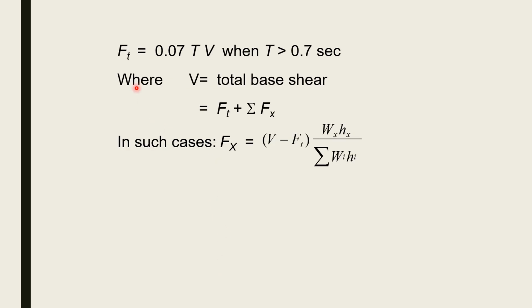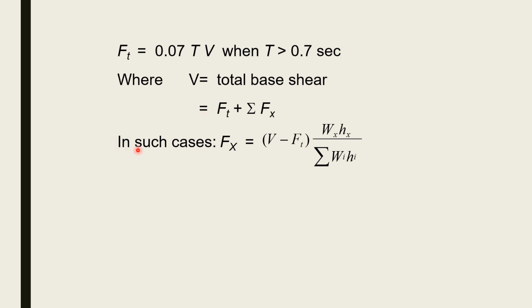The value of Ft will be 0.07 multiplied by the time period of the building multiplied by the base shear. When the time period is greater than 0.7 seconds, then you need to consider the value of Ft. The base shear will remain the same, but Ft will be added.